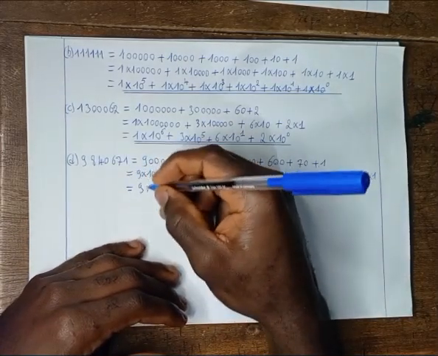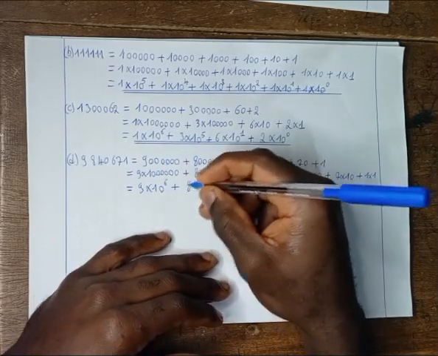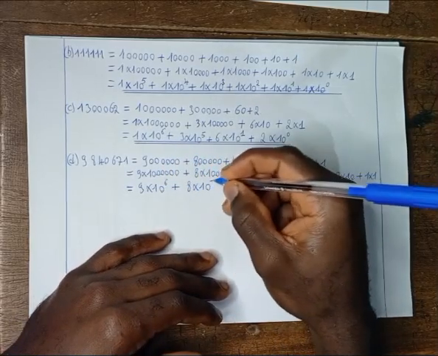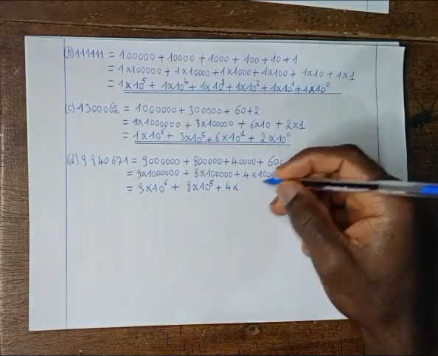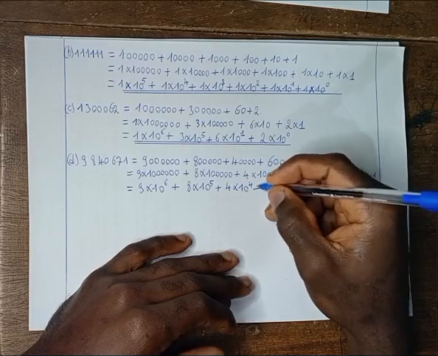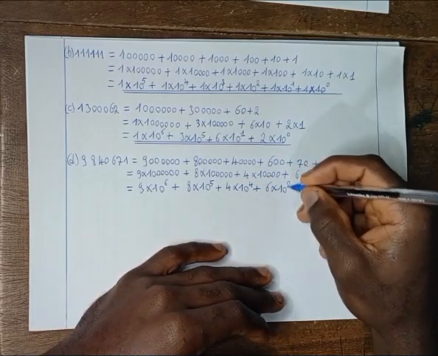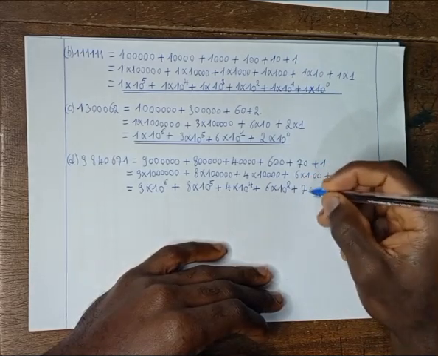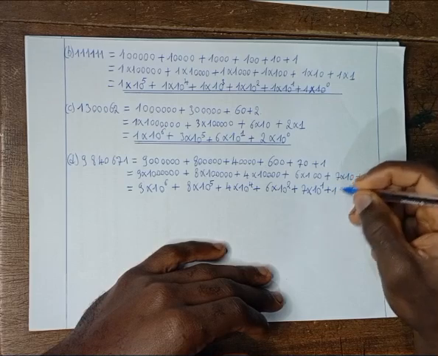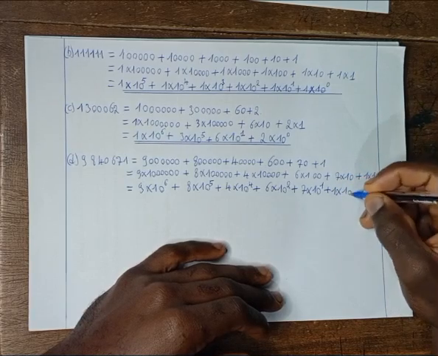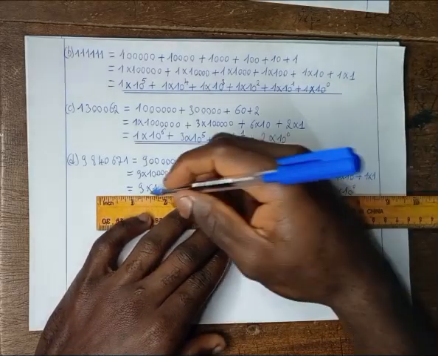This will give us 9 times, we know 1 million is simply 10 to the power 6 plus 8 times 100,000 is simply 10 to the power 5 plus 4 times 10,000 is simply 10 to the power 4 plus 6 times 100 is simply 10 to the power 2 plus 7 times 10 is simply 10 to the power 1 plus 1 times 10 to the power 0. You know, 10 to the power 0 is equal to 1. We are done.